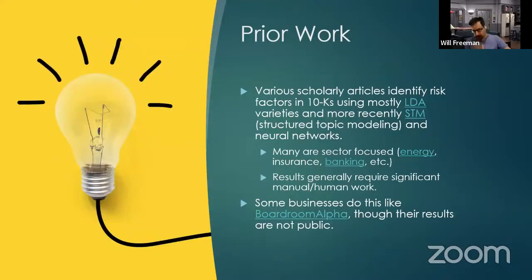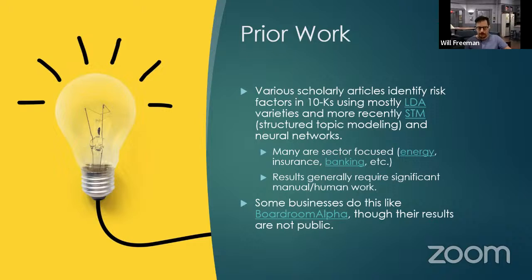So there's been a lot of prior work on this. Obviously, it's a big area with a lot of money involved, and so most of the scholarly work on this in the past has used algorithms. I'll explain in more detail later, but mostly what we'd consider kind of dumber machine learning algorithms that try to cluster together words or meaning.